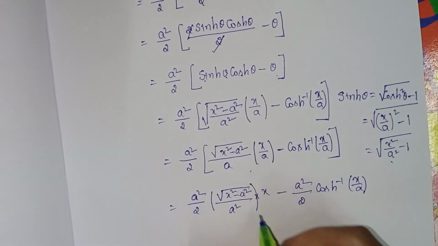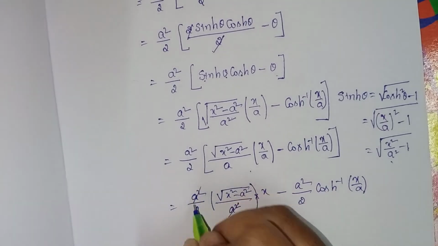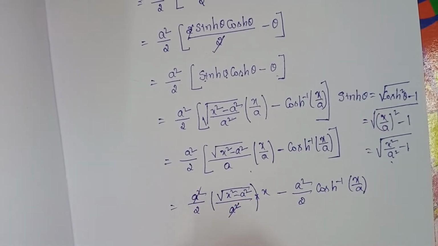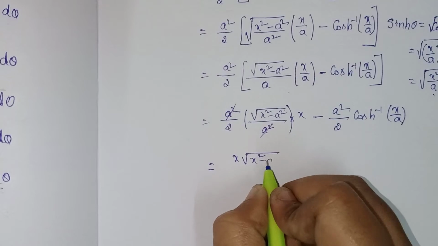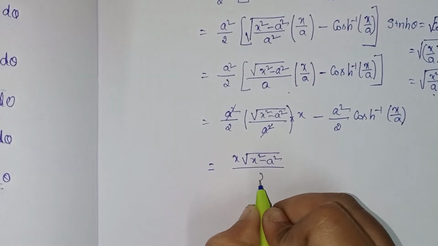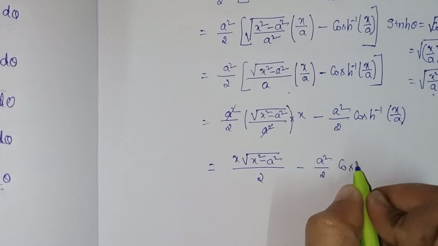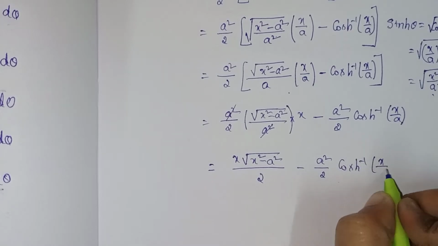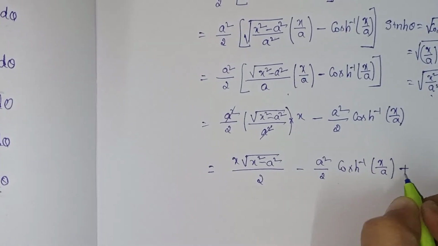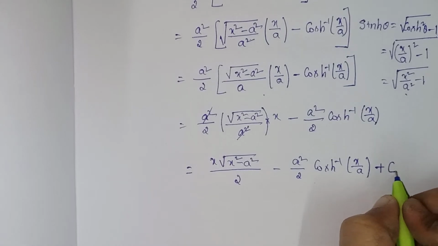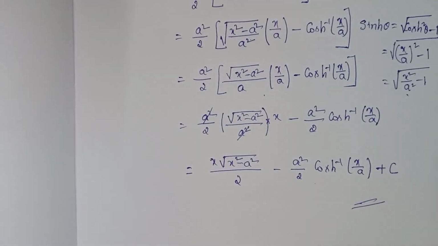The a square gets cancelled. Now x into root x square minus a square by 2 minus a square by 2 into cosh inverse of x by a plus integral constant. So this is the proof.